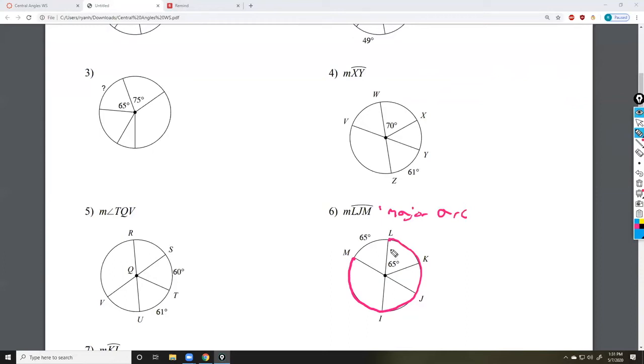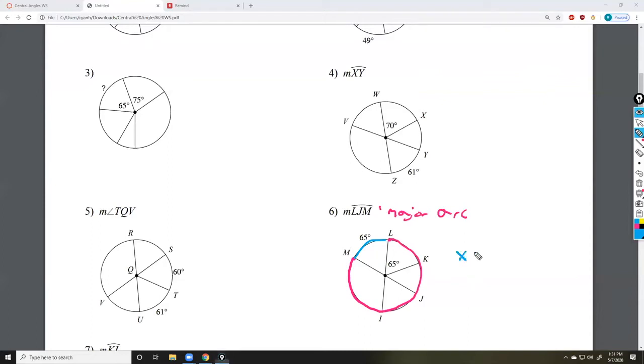So again, take stock of what you are trying to find and what you know. You know that this is 65. You also know that this is 65, but the more helpful thing is that here's what I'm trying to find, and here's what I know, and we've gone all the way around the circle. When you trace that out, you might find that it gives you either all the way around the circle or halfway around the circle. In this case, it gives me all the way around.